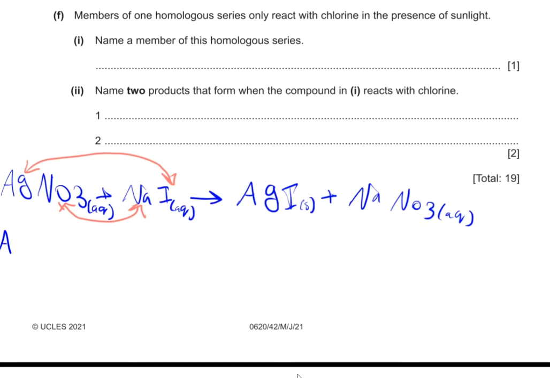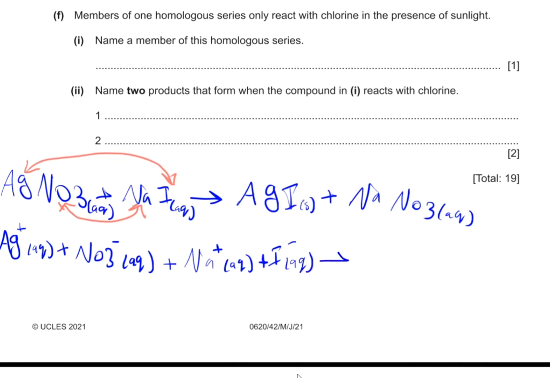Now let's write all these in the form of ions. So we had an Ag+ ion in the aqueous state plus an NO3- ion in the aqueous state as well. Then we have the sodium ion in the aqueous state. Then we have the I- ion also in the aqueous state.